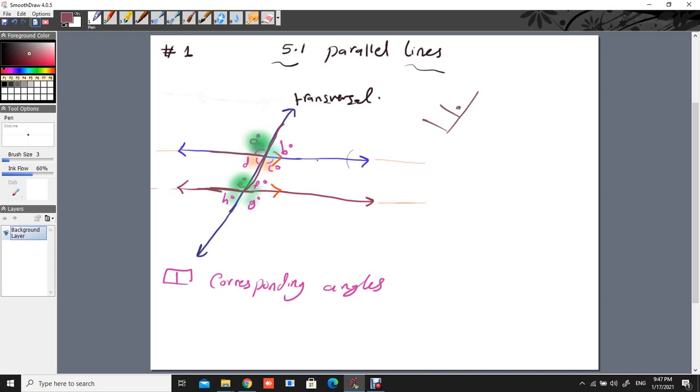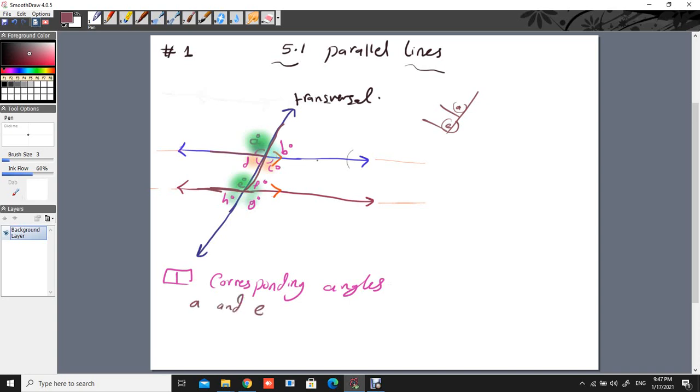Now this is A, this is E. We call these two angles corresponding angles. A and E are located on the same side, like the letter F upside down if you flip it. So here A and E are corresponding angles.